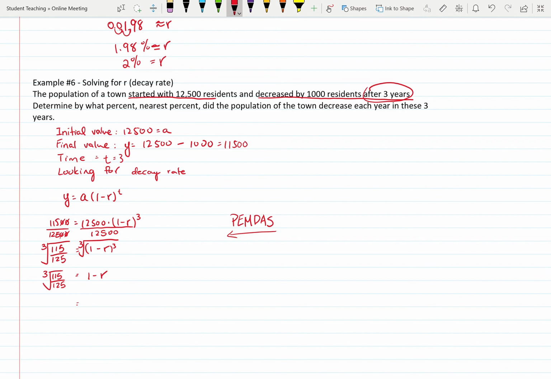Now we're dealing with r. Here's what I will do. I will add r on both sides. That gives us cubic root of 115 over 125 plus r equal to 1.